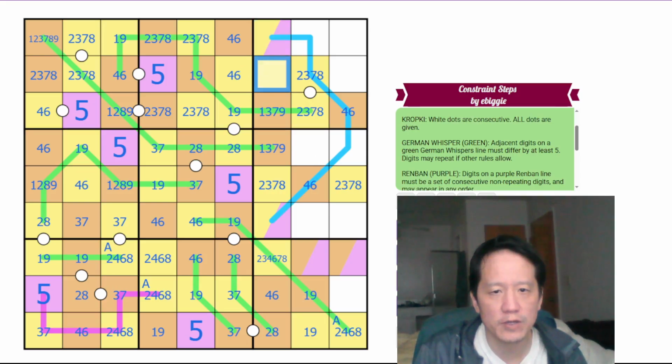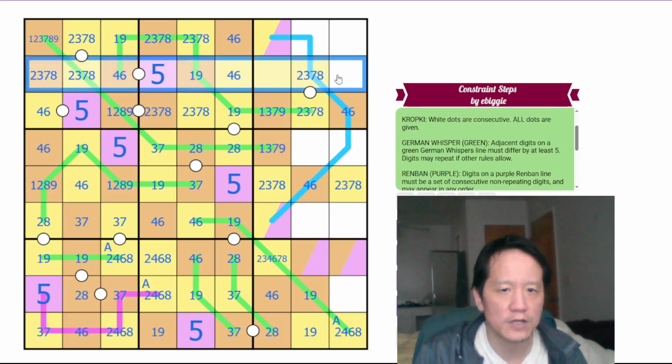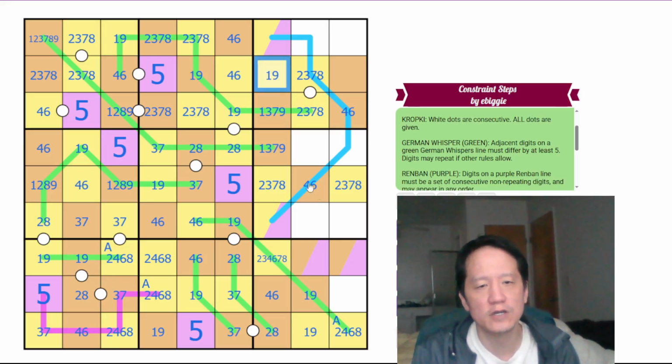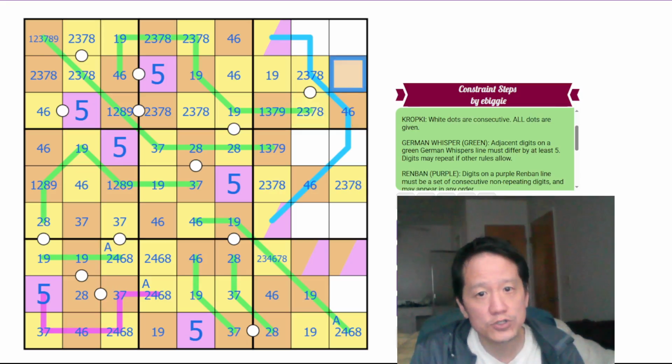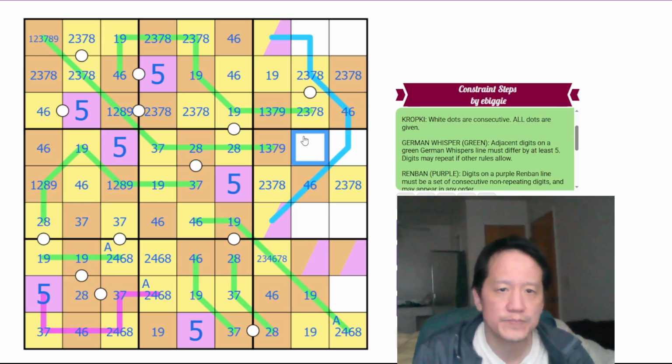This can't be pink. This has to be yellow. We now have all the yellows in row 2, which eliminates yellows in the rest of the row. So this must be orange. This has to be specifically a yellow 1, 9. This is an orange 2, 3, 7, or 8.